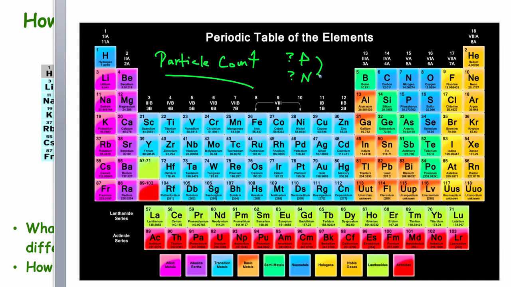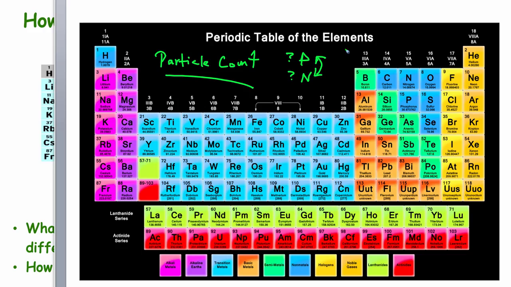And when we compare the number of protons with the number of neutrons, we're going to easily be able to see whether a given atom is an isotope of that element or whether it's actually a pure atom. And again, the word pure isn't a word we use in science to describe an atom of an element that has the same number of protons as neutrons, but I'm going to just use it for a while we're getting used to it.